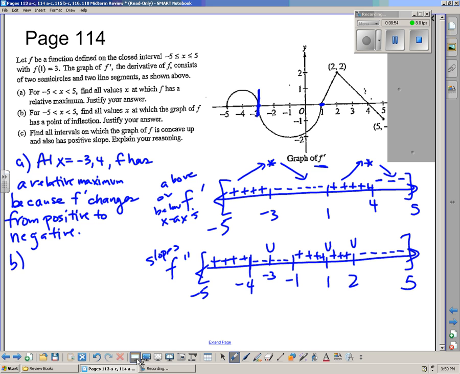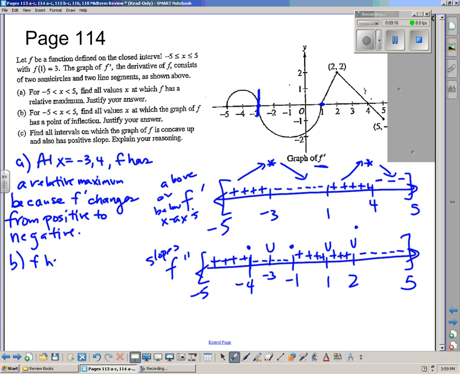Part B says, from x equals -5 to find final values of x for which the graph has a point of inflection. A point of inflection, we're going to look to f double prime, and we're going to look to a sign change. Well, the sign changes at -4. It doesn't change at -3. It changes at -1 rather, and it changes at 2. So we get 3 inflection points.